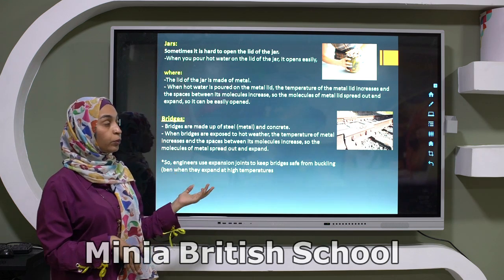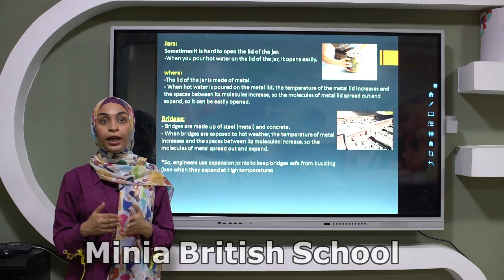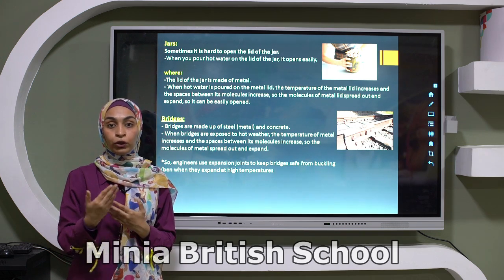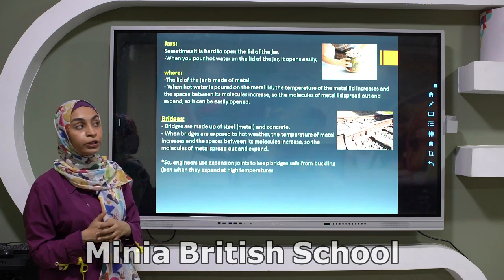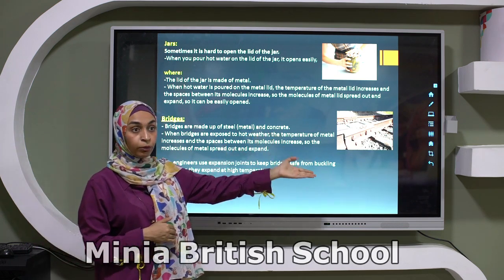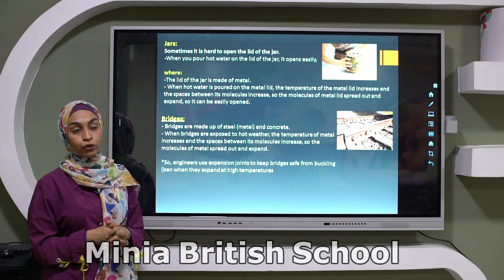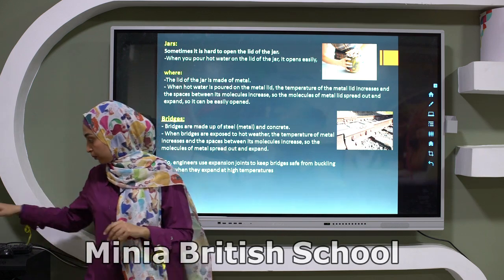The second part we talked about the differences between contraction and expansion, and how we can apply this property to make a model of the thermometer, or even to apply it in some activities in our daily life like the bridges or railway bars, and also the lid of the jar. Let's answer some questions as we always do in the booklet.